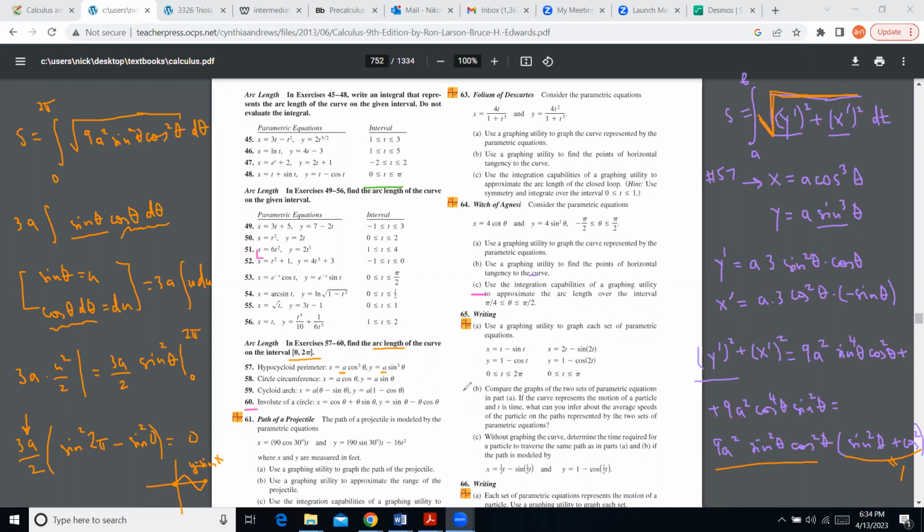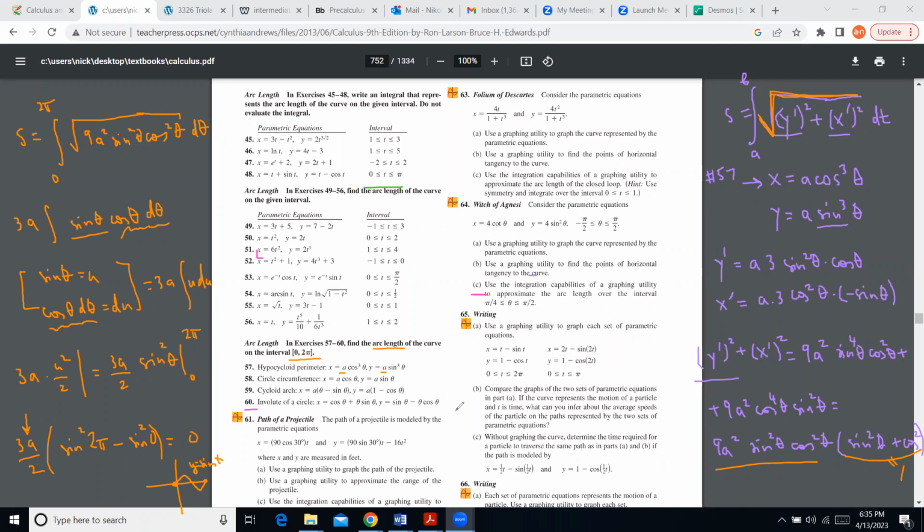Actually, they don't ask, we just found the answer, but I'm kind of concerned with this answer, because it shouldn't be 0, because arc length should be some kind of length, right? Maybe what you can do is go from 0 to pi, and then from pi to 2 pi, so there are 2 pieces, and then add them together.